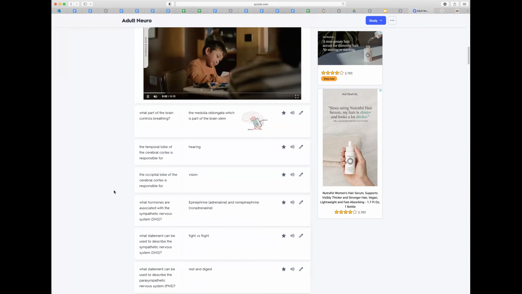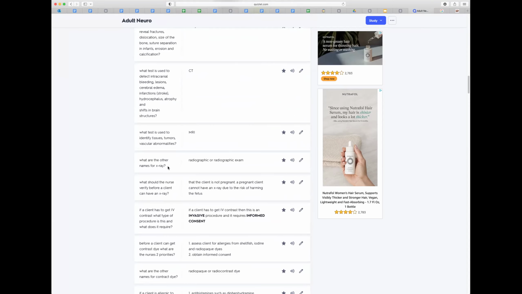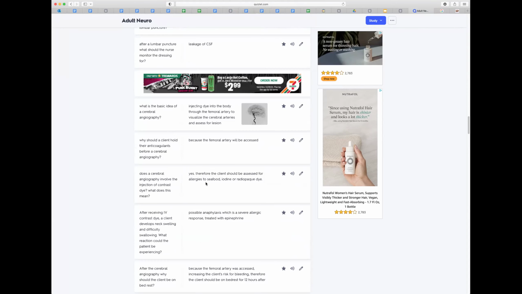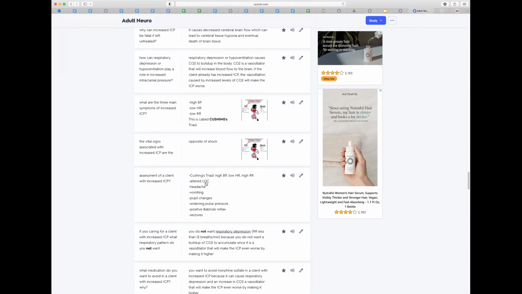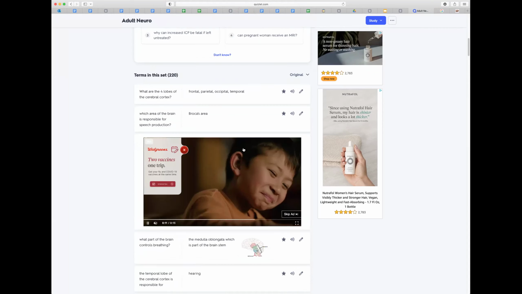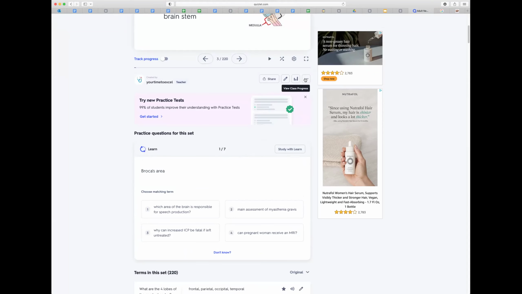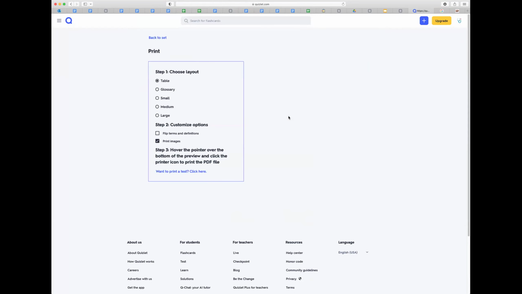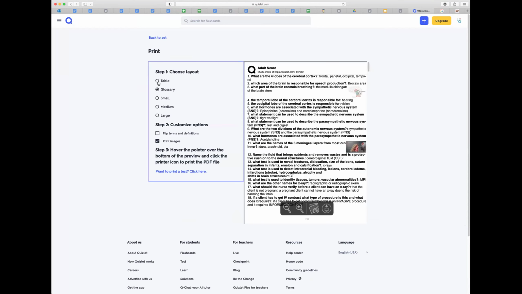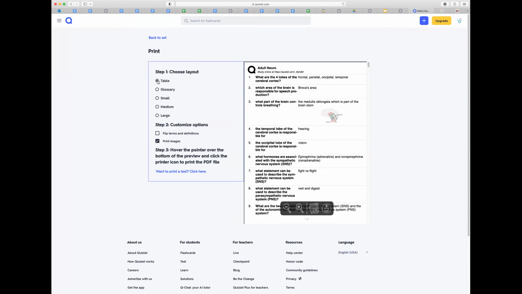If you want to see all of the flashcards, you just scroll down and you can see all of them. And then you can print them too, because I like to hold stuff in my hand and highlight it. So you go to print and you can do it as a table, where the question will be on one side and the answer on the other.